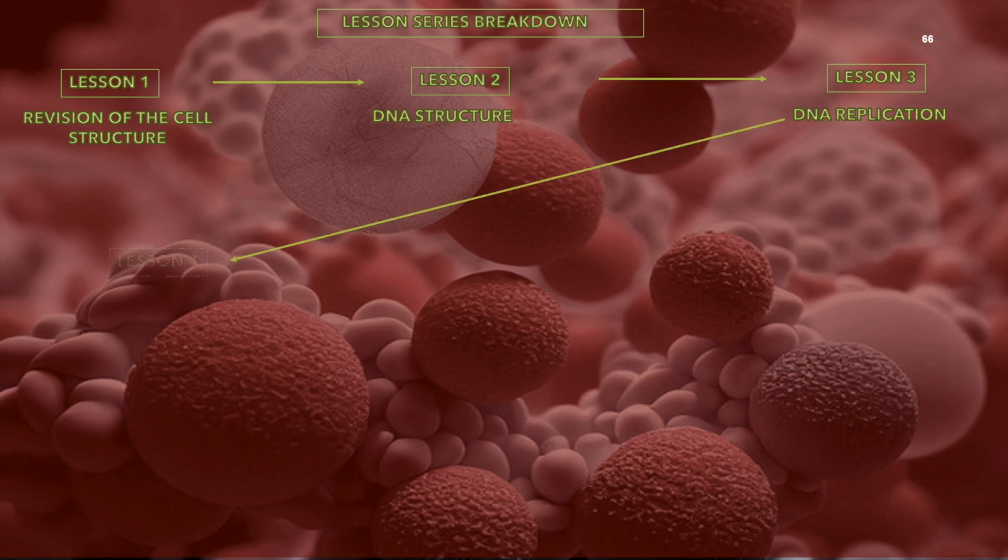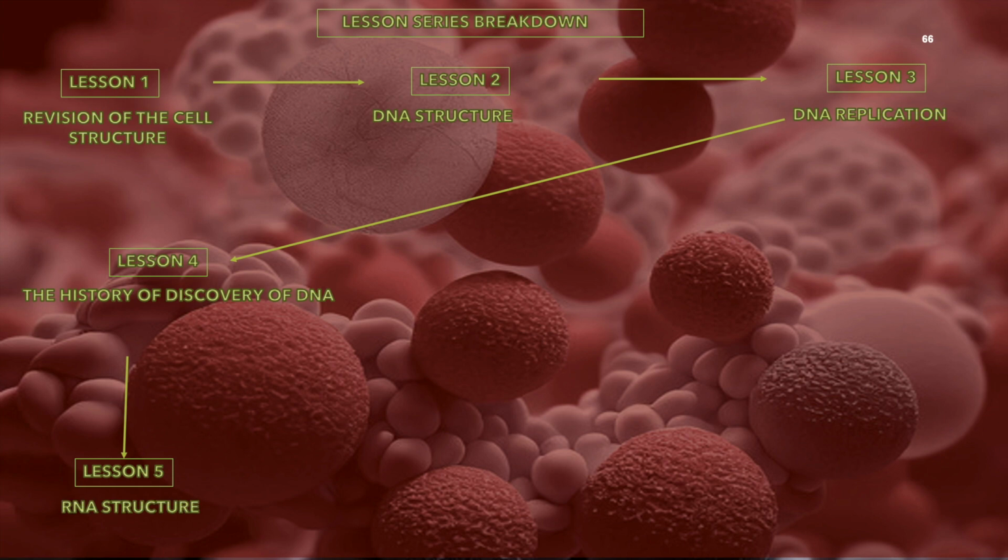Today we are in lesson 4 and we will be looking at the history of the discovery of DNA. In a separate video, we will be looking at lesson 5, where we will be dealing with content relating to the second nucleic acid, which is called RNA. We will be looking at the RNA structure.